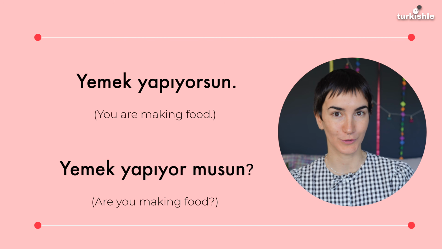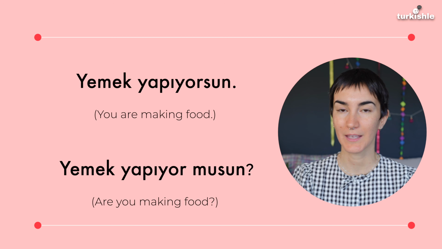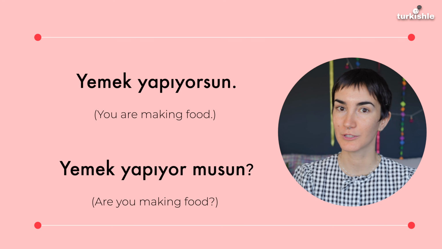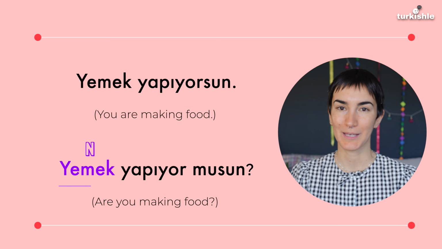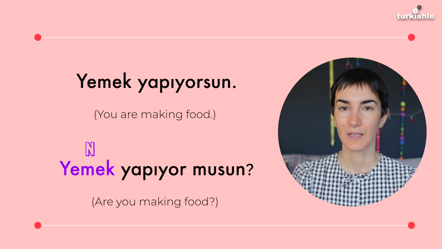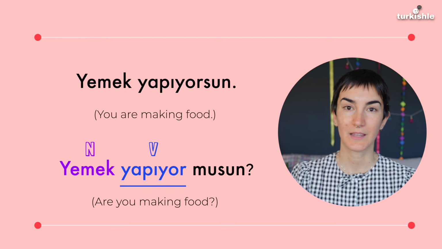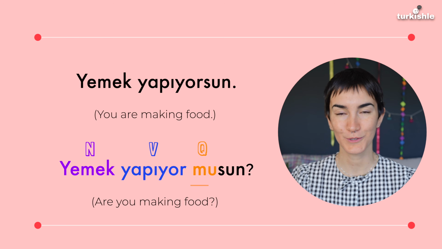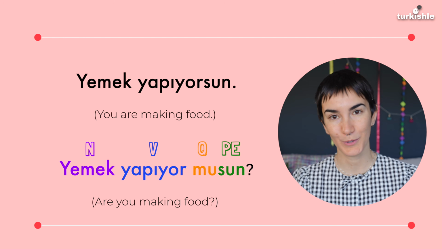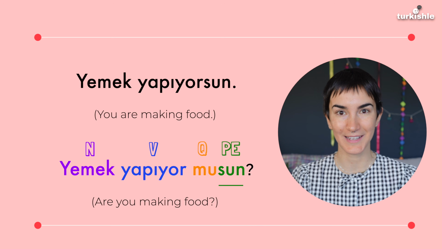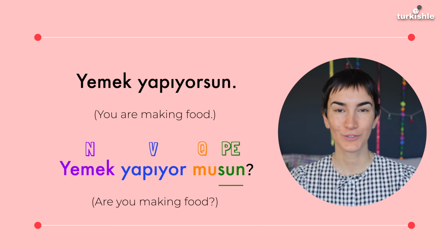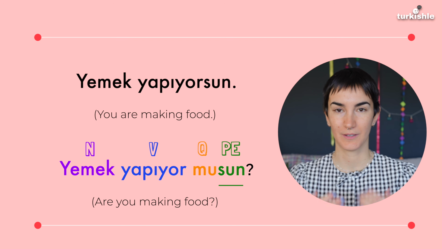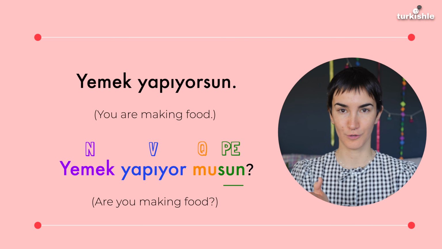Yemek yapıyor musun? Yemek is the noun. Yapıyor is the verb. And musun is the question bit with the personal ending still at the end. Sun is the personal ending for sen, you.